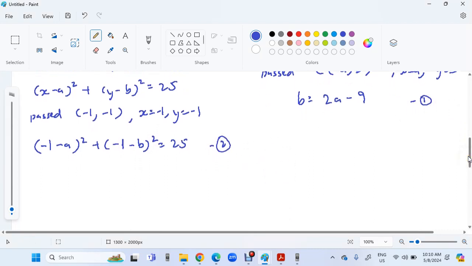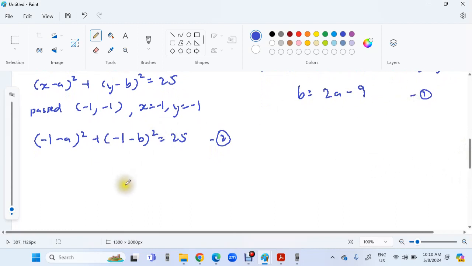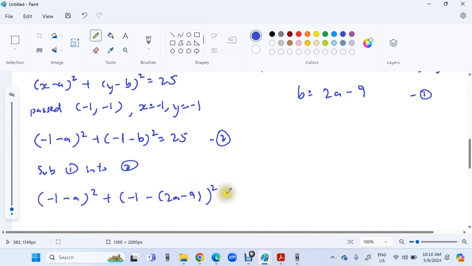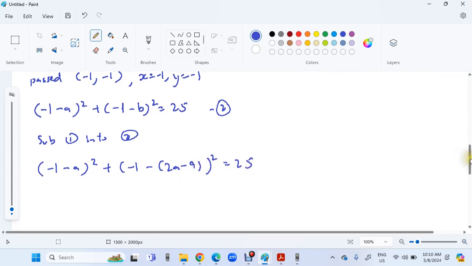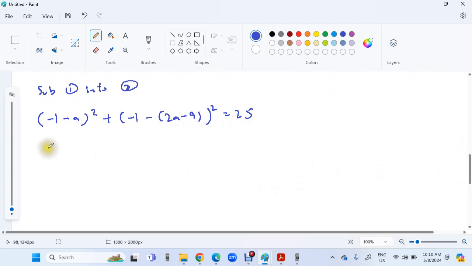We sub the first equation into the second equation. So we sub 1 into 2. Then we have (-1 - a) squared plus (-1 - (2a - 9)) squared equal to 25. Then this one is (-1 - a) squared plus (-1 - 2a + 9) squared equal to 25.